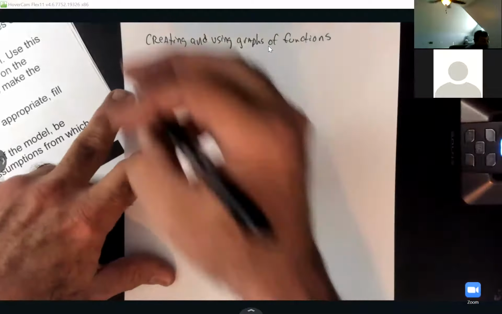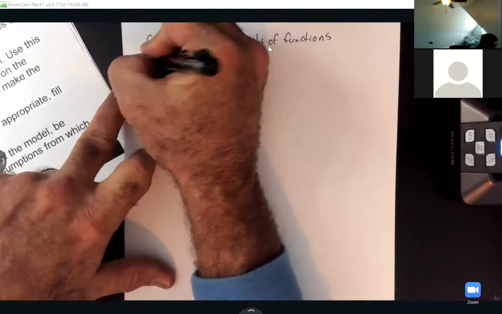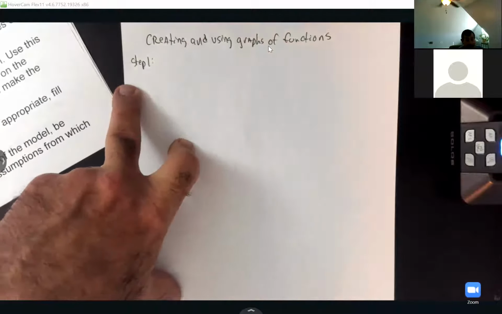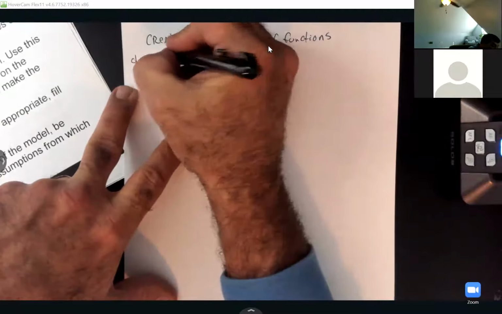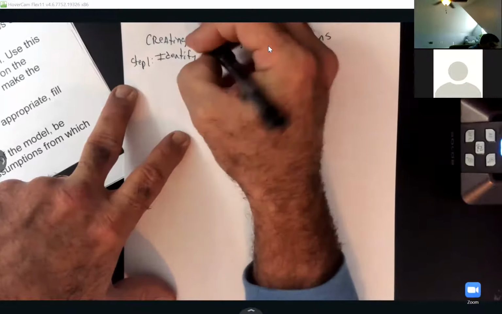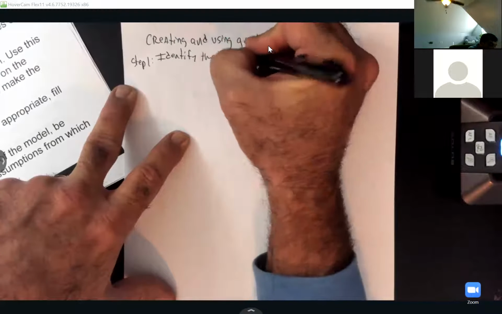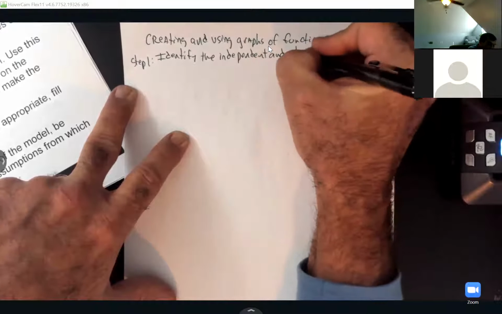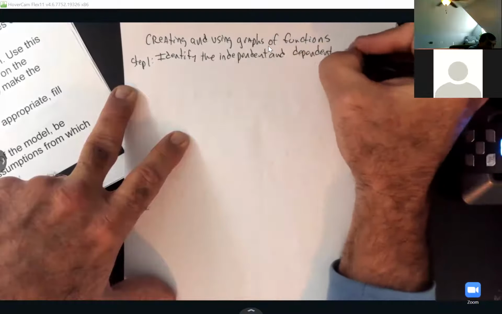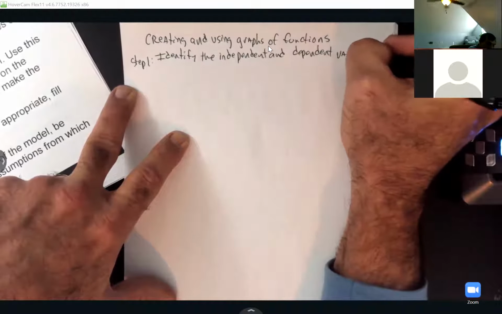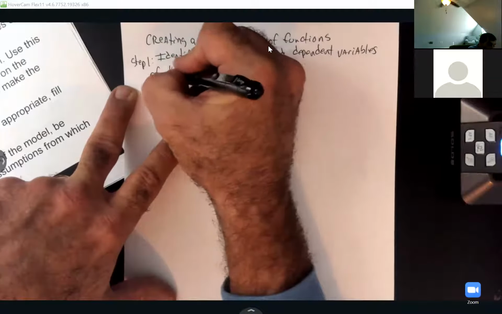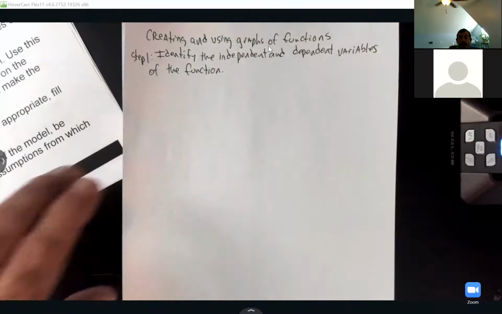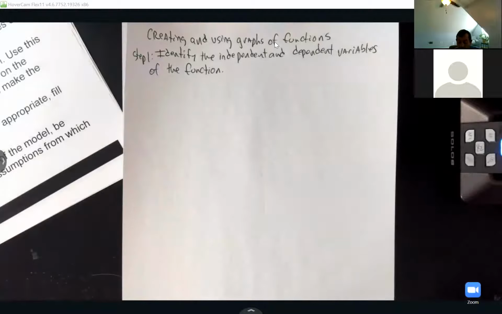Okay, so similar to what I just did, step one, identify the independent and dependent variables of the function. So I did that.